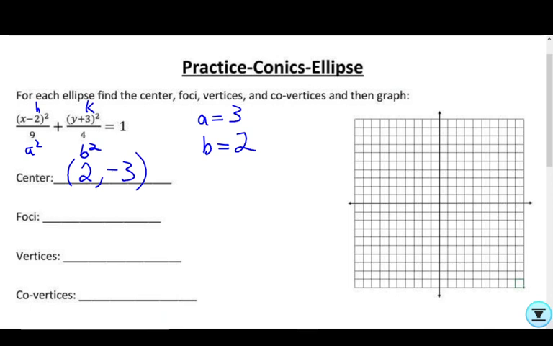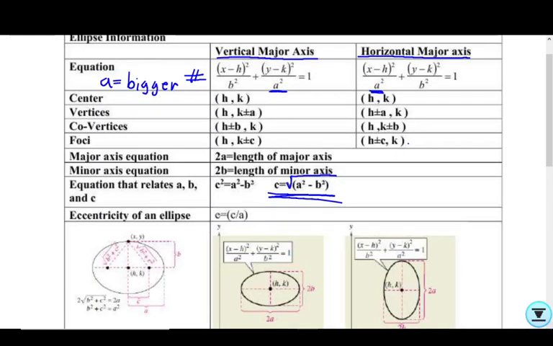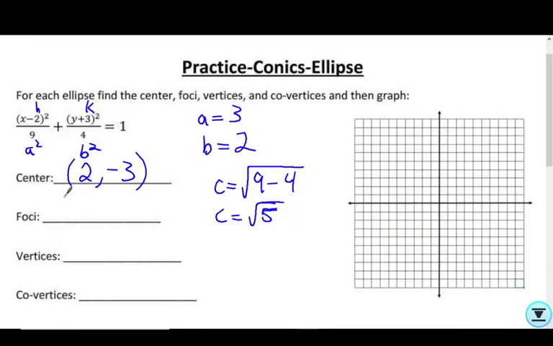So C equals the square root of A squared minus B squared, which is the square root of 5. So my foci are H plus or minus C. In this case, H is 2, so this is 2 plus or minus the square root of 5, -3.